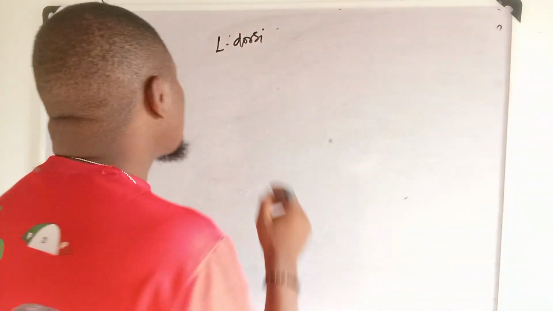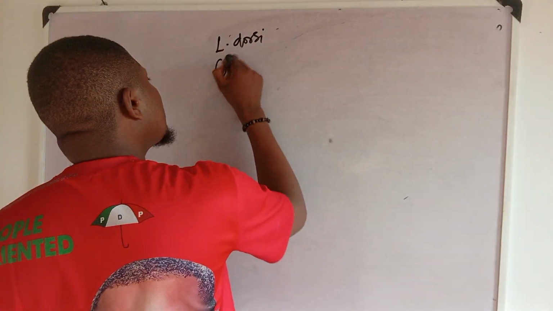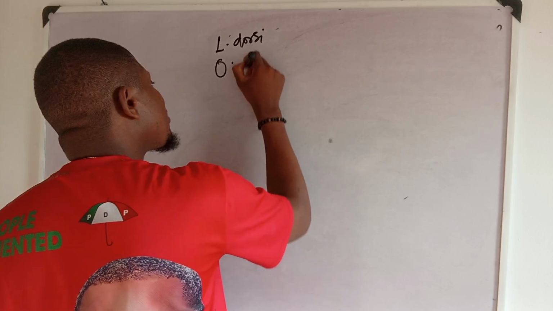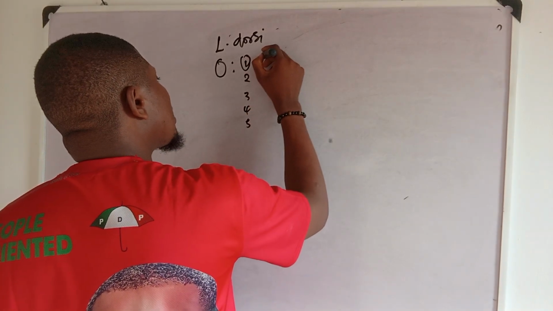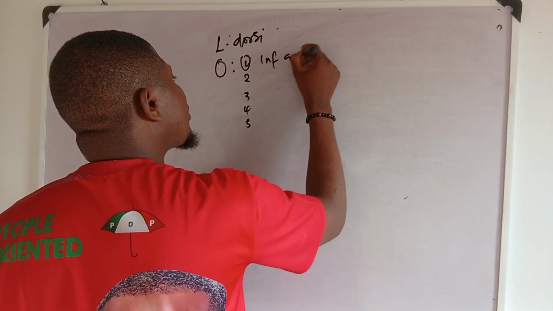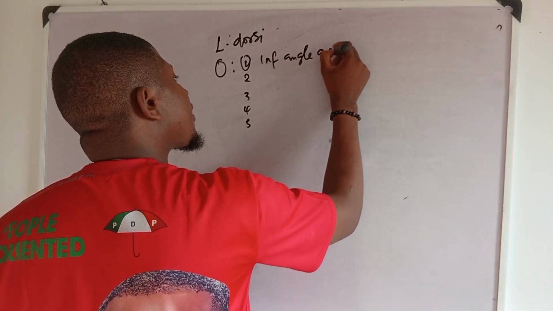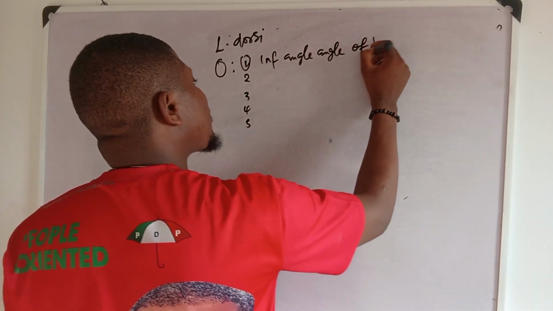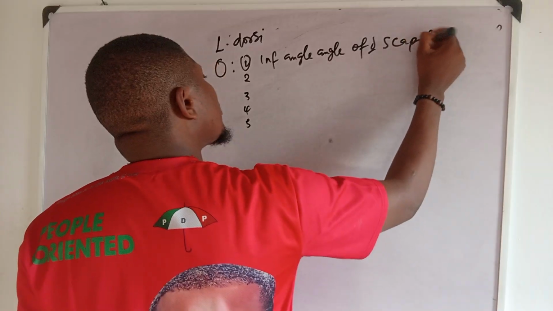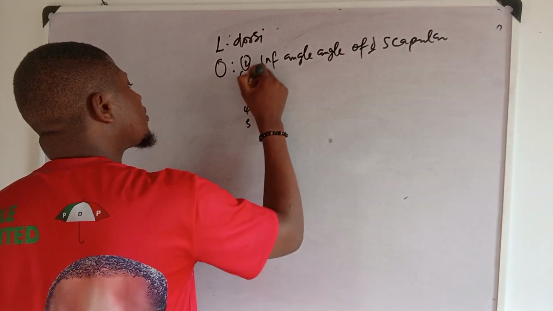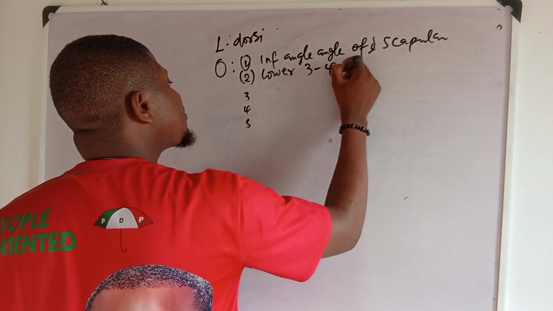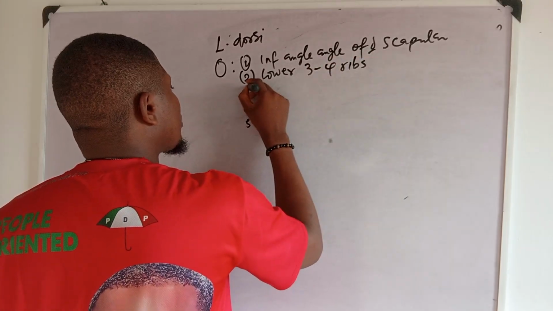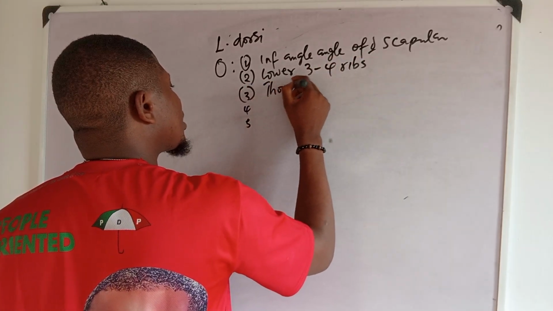Latissimus dorsi. The same way, origin. This muscle has five origins: one, two, three, four, five. The first one is the inferior angle of the scapula. Then the lower 3 to 4 ribs. Thoracolumbar fascia.